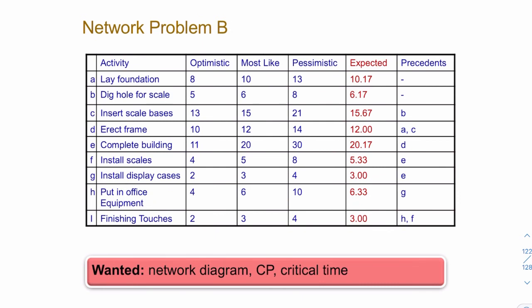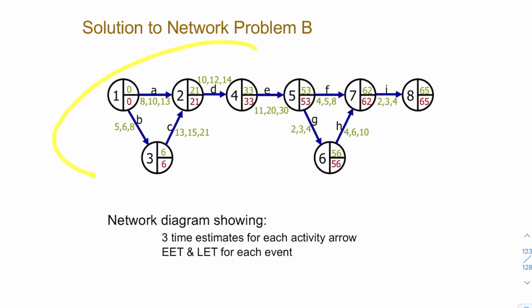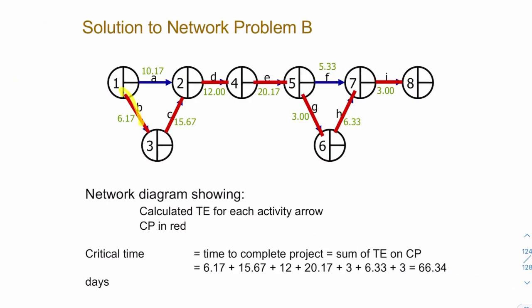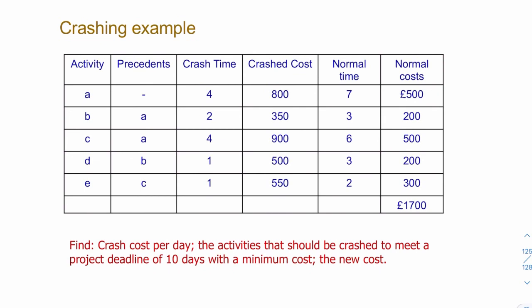Here is another homework example. Again, similar kind of question, network diagram, critical path, critical time. And here's the solution. You can get there on your own. That shows you the critical path. And finally, another homework example.